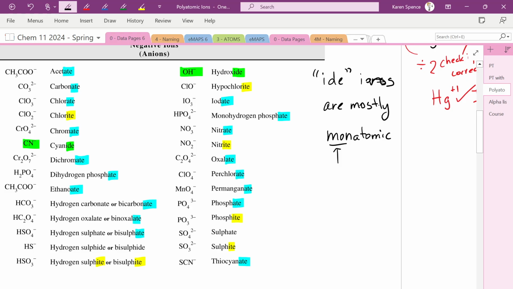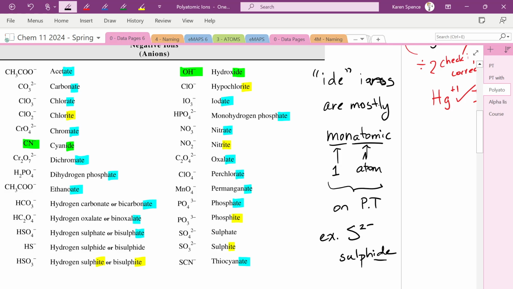Monatomic means one what? Atom. And where do we find one atom things? We find them on the periodic table, okay? On the PT, on the periodic table. All right, so for example, we have S2-, which is sulfide.